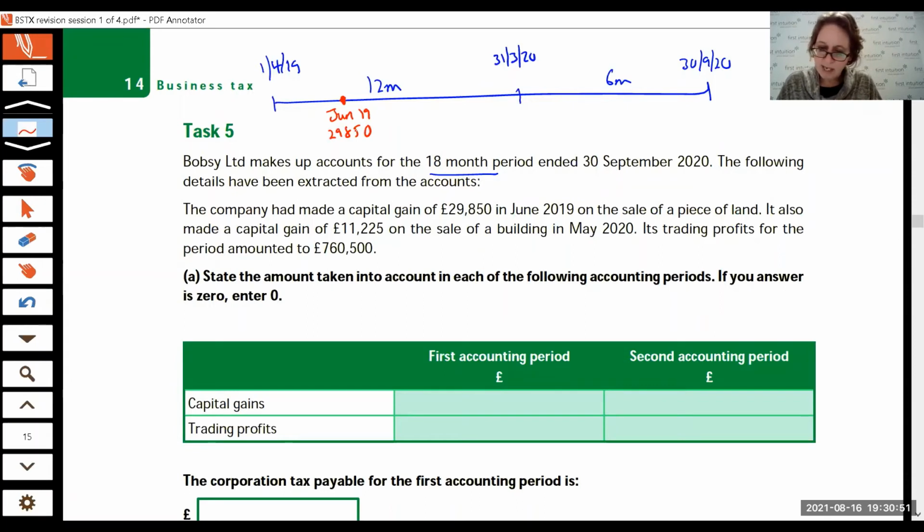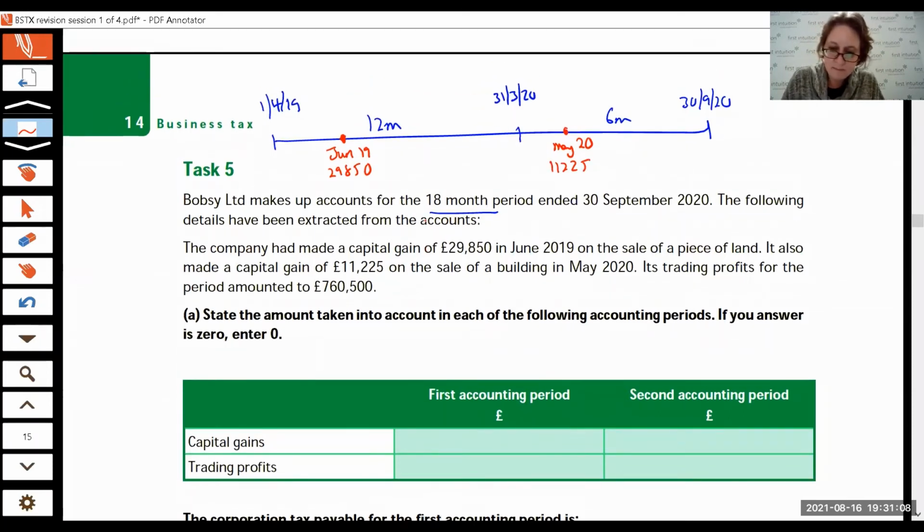On the sale of a piece of land, also made a capital gain on the sale of a building in May 2020. Pop it on my timeline, interested to see where it falls. 11,225, sale of a building. And the profits for the whole period are 760,500.